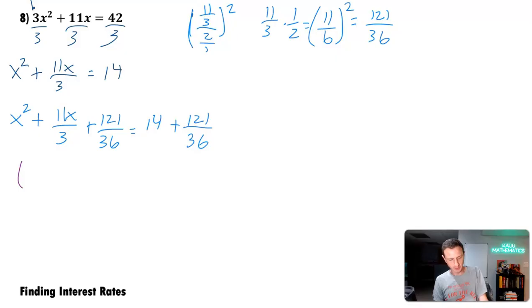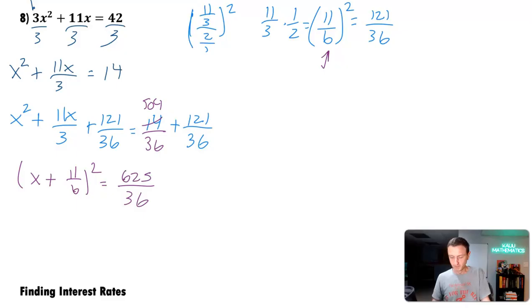So this is going to be x plus 11 over 6 squared. Let's say 11 over 6 before you square it. Equals, so this is 36. This becomes 504 plus 121. So 625 over 36. This looks really scary, but something's going to happen here.